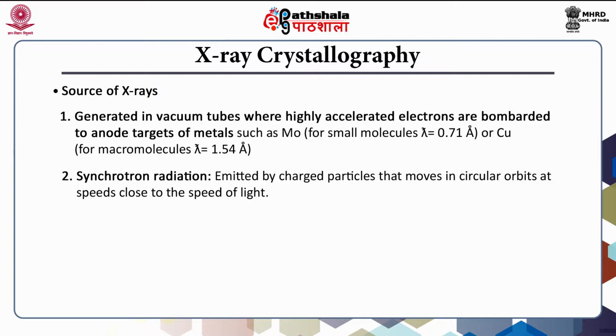When electrons are moved in particular orbits with the speed of light, that results in the generation of X-ray beams. This particular way of generation is called the synchrotron way of generation. So, synchrotron generated X-ray beams are much more intense than those generated by electrons hitting the copper target.